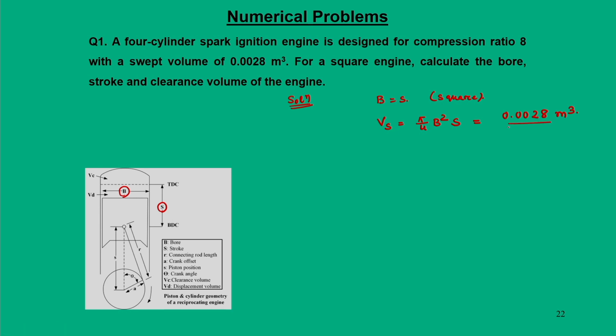This swept volume is for 4 cylinders, so pi by 4 B square S into 4 is equal to 0.0028. Since the 4 gets cancelled, pi B cube is equal to 0.0028, because S is equal to B.